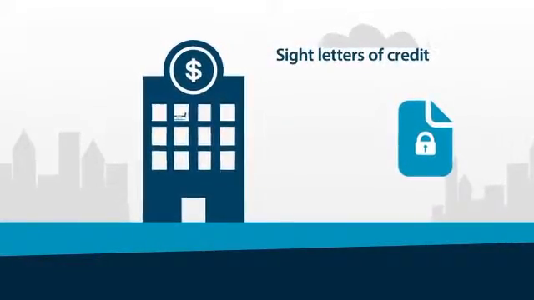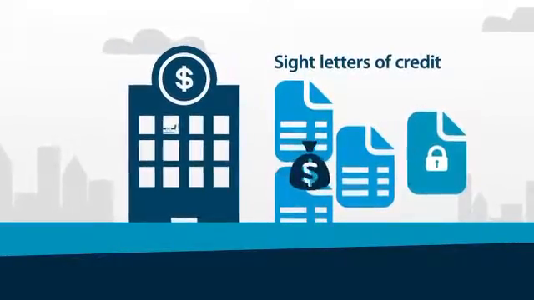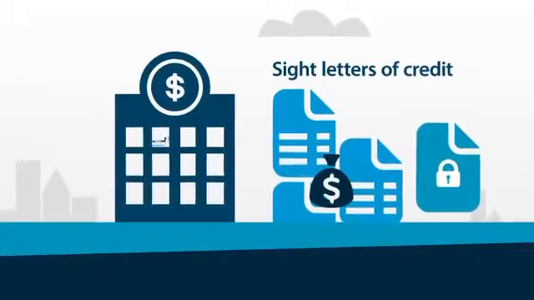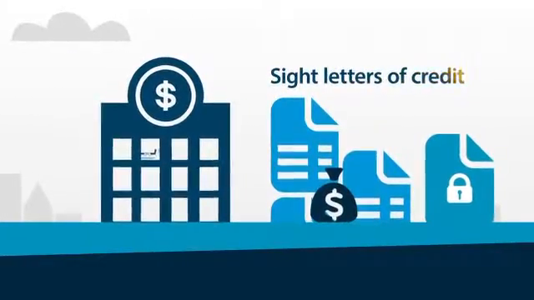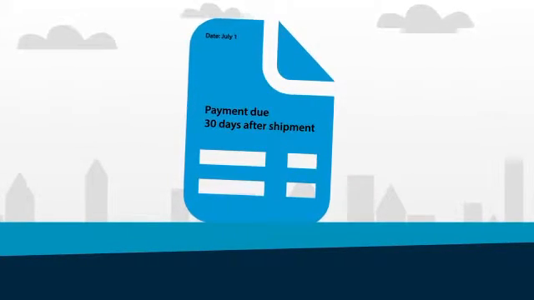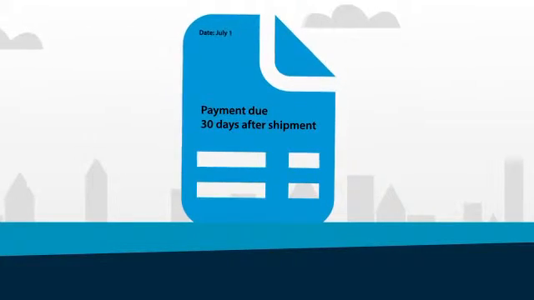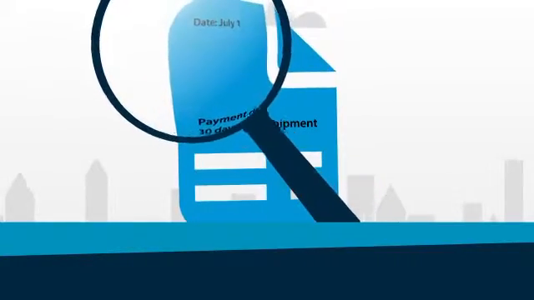Letters of credit can be used for immediate payment upon presentation of documents to the nominated bank or issuing bank, which comply with the letter of credit terms and conditions. These are called sight letters of credit. Alternatively, a letter of credit may stipulate that payment will be effected on a future date, after presentation of documents to the nominated bank or issuing bank, which comply with the letter of credit terms and conditions.